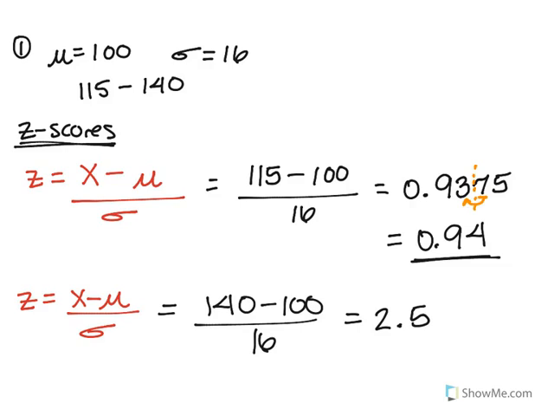Now you know it has 2 decimals, so you should automatically know the last number is a 0. 2.50. That's the z-score you're looking for. Does everybody understand what we're doing? All I've done so far is convert them to fit on the bell, because I can't technically stick 115 or 140 on there. Now, let me show you on the bell.